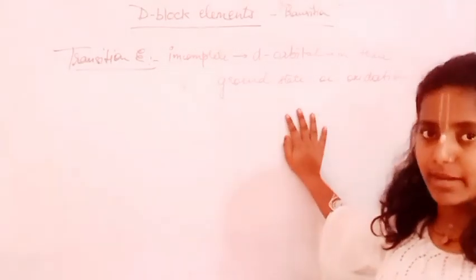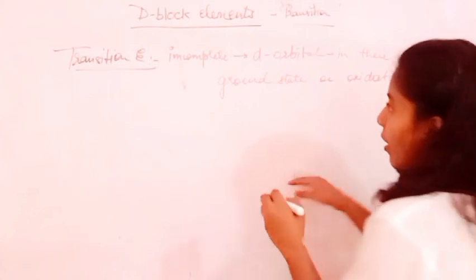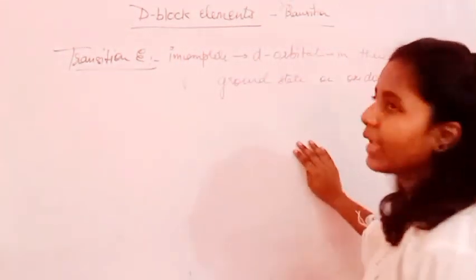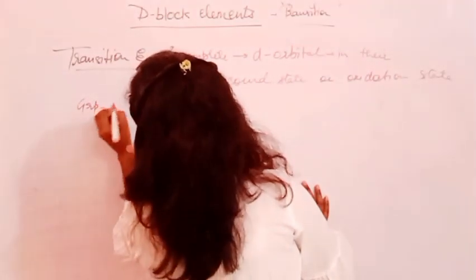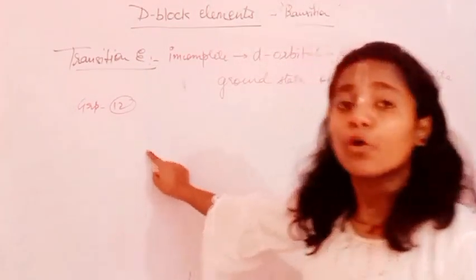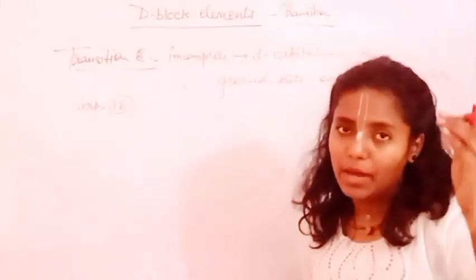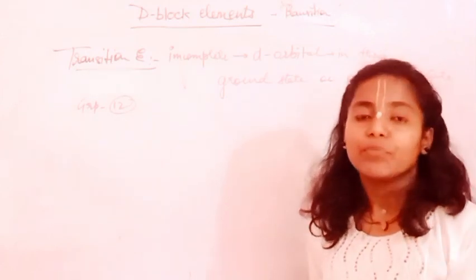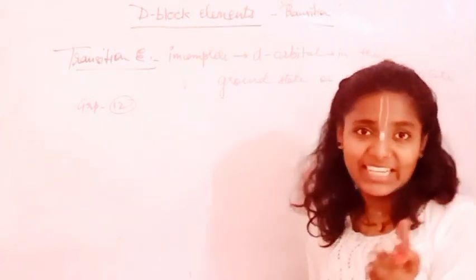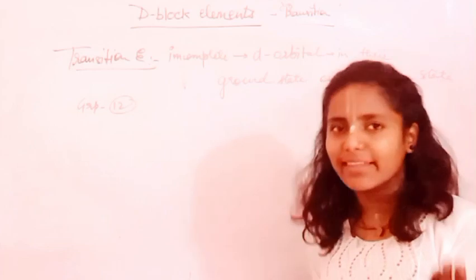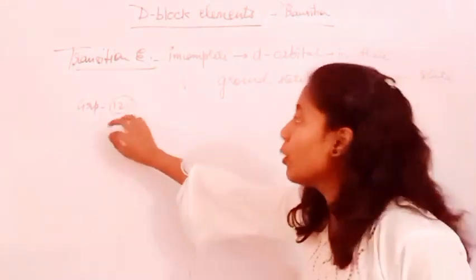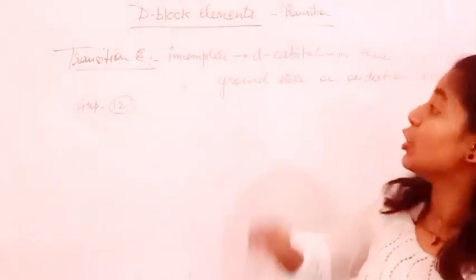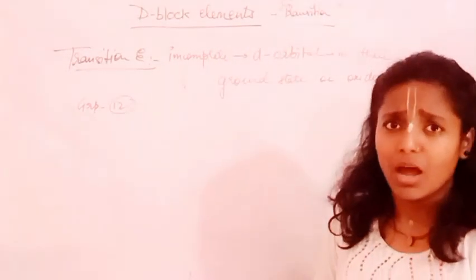Well, to understand this, in the d block elements we came across group number 12. Whether your 3d series, 4d series, or 5d series, you would come across three elements of group number 12, and they are not transition elements. You will say, how?